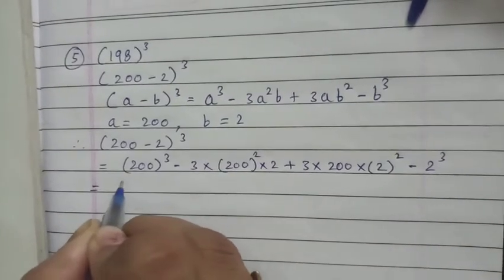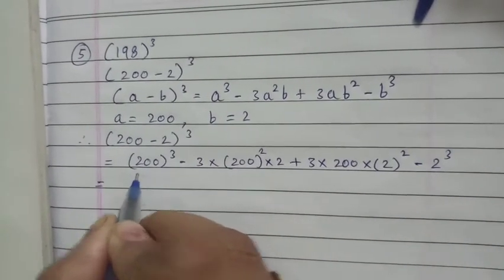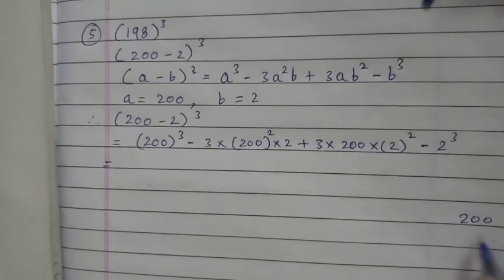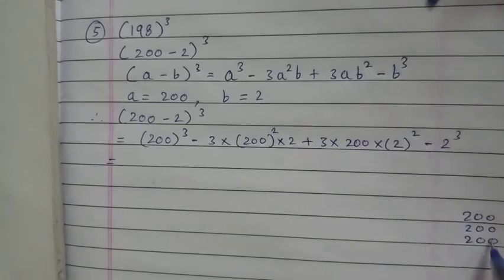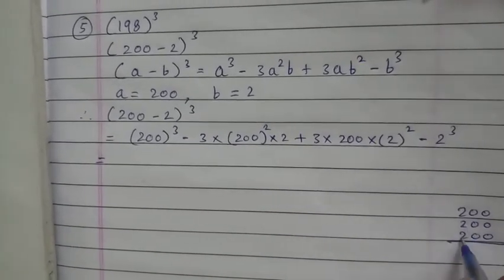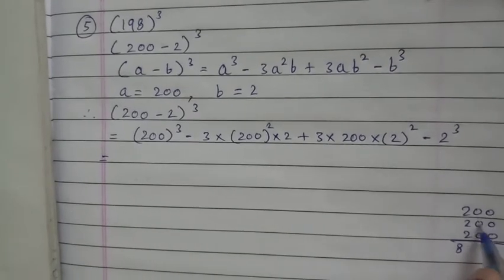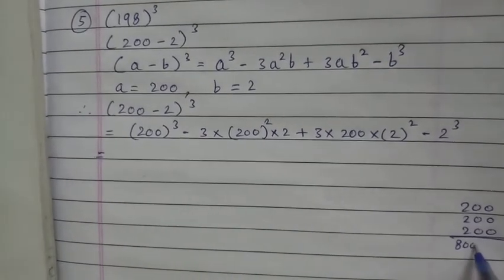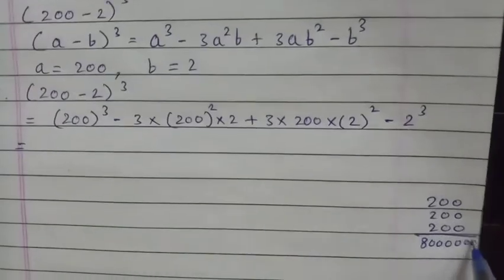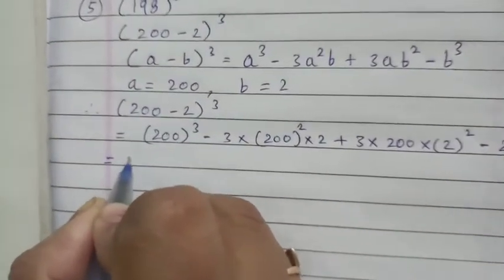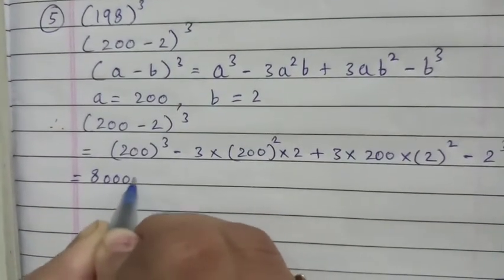Now we have to simplify it. So see, 200 into 200 into 200. So 2 2s are 4, 4 2s are 8, and 1 2 3 4 5 6, 6 zeros at the back. So it will be 8 and 6 zeros at the back.